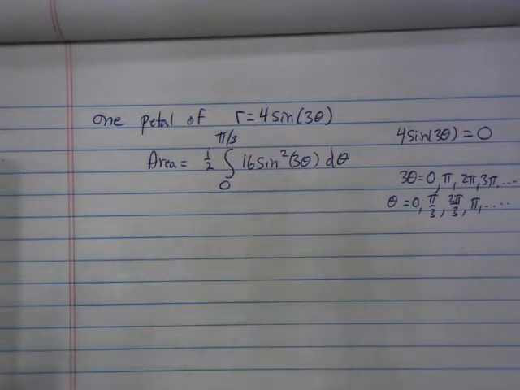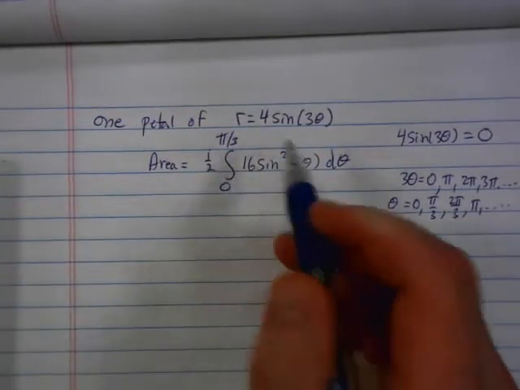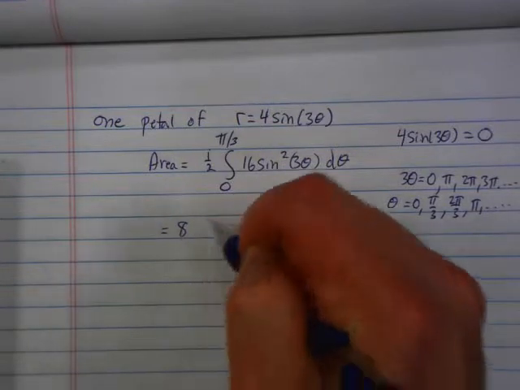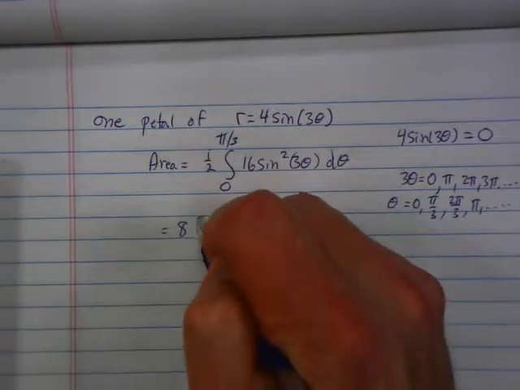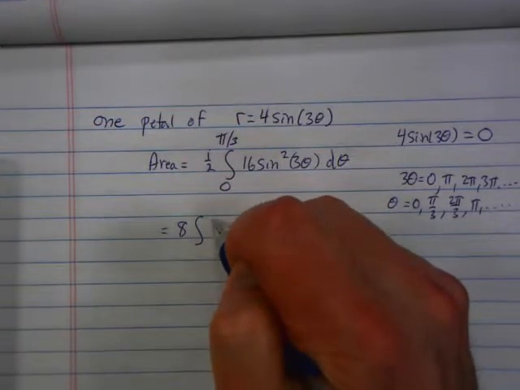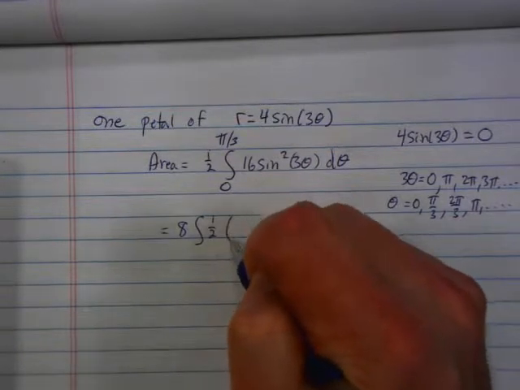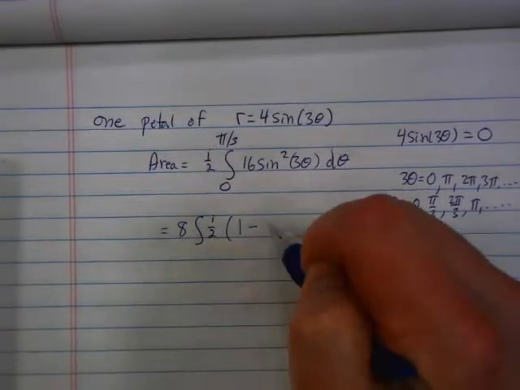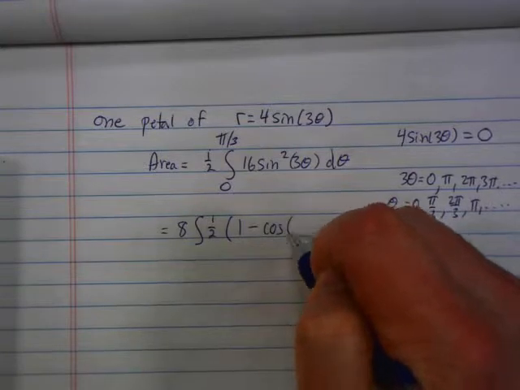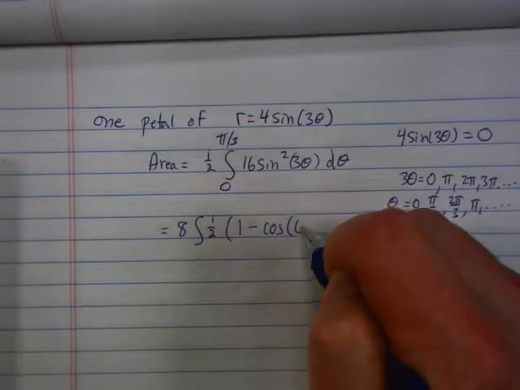How do you integrate that? Same as last time. You're going to have to use the half angle formula. So you're going to have a half times 16, that's 8, times the integral of 1/2 times 1 minus cosine of 6 theta.